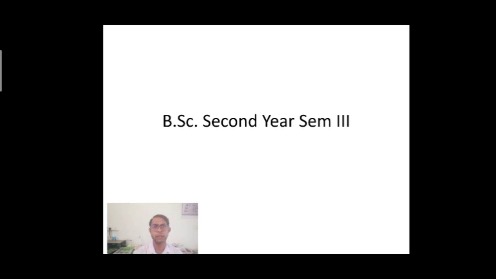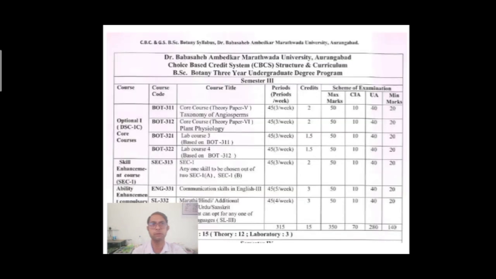Now as we know, there will be two theory papers included in your syllabus in semester 3. That is, two groups or two theory papers: taxonomy of angiosperm and plant physiology, which have 45 lectures and 2 credits, along with maximum marks of 50 each.